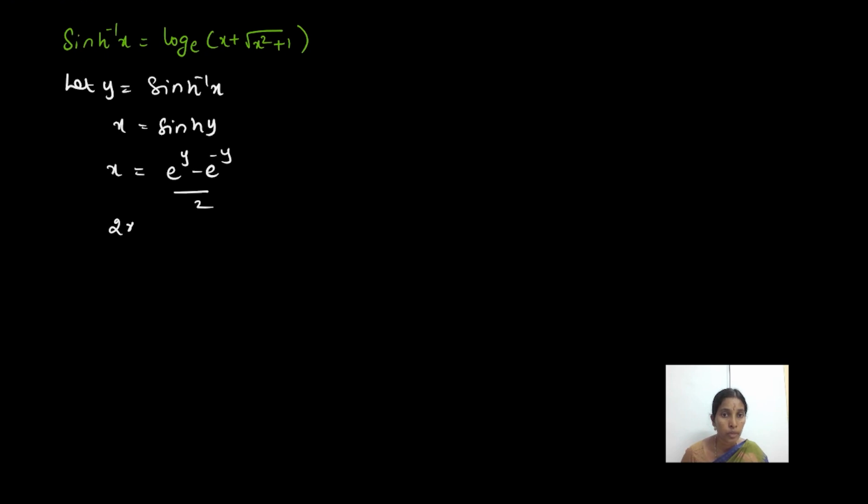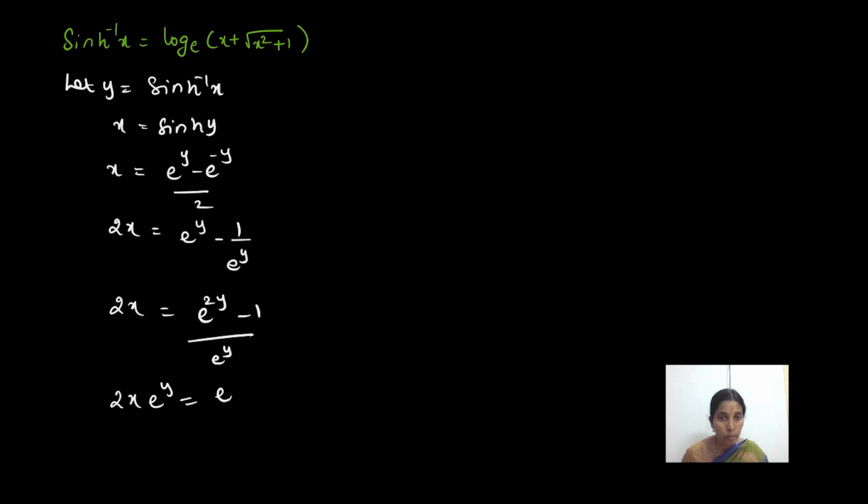From this, 2x equals e power y minus, this can be written as, 1 by e power y. 2x equals e power 2y minus 1 by e power y. And this is 2x into e power y equals e power 2y minus 1. From this, e power 2y minus 2x e power y minus 1 equals 0.